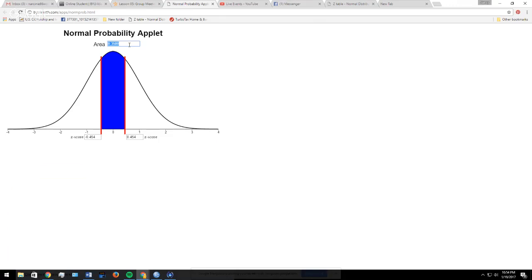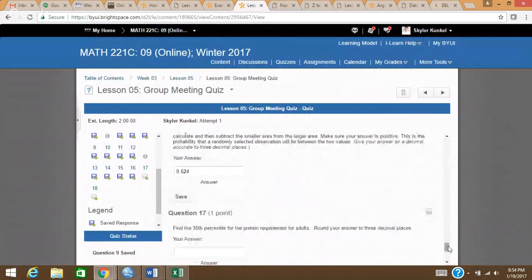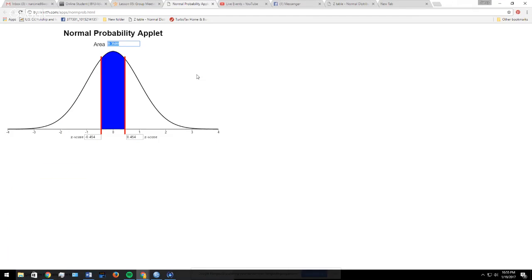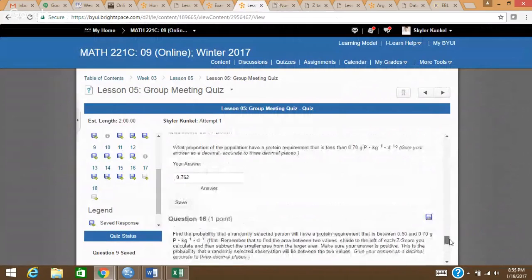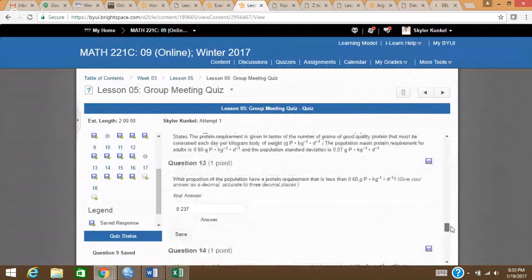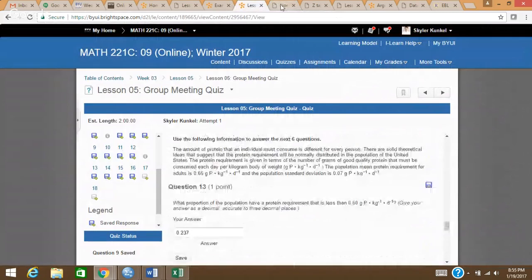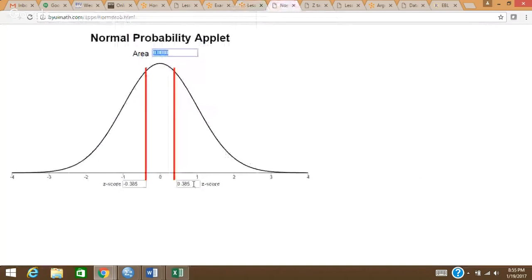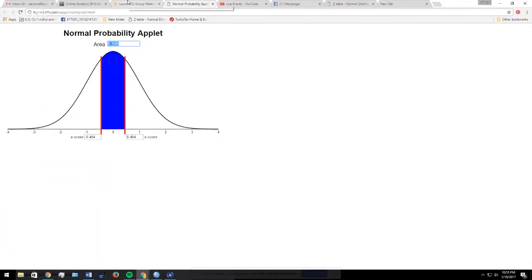So what do you get? Like 0.454? I think I have to type in the standard deviation first. I don't know what to do. Okay, hold on.